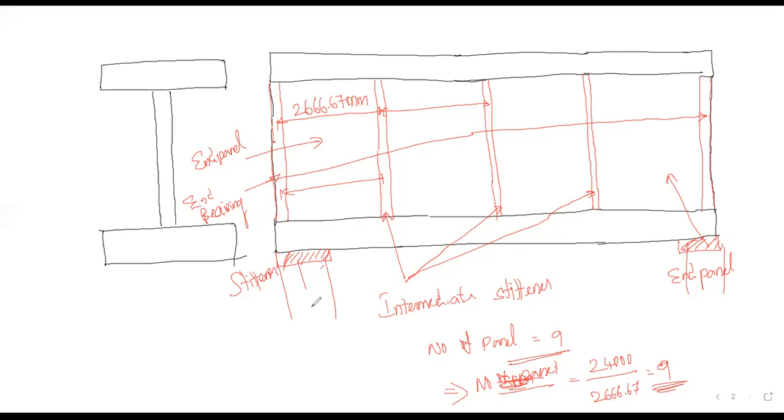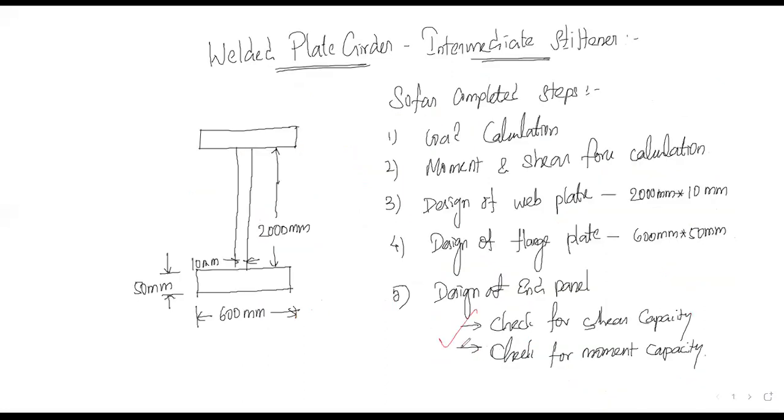Here we have the reaction, and here we have the load. Because of this, we checked whether the end panel is safe in shear, and also whether it is safe enough to transfer the bending. Those things we checked in the last class itself, so the design of the end panel is done.